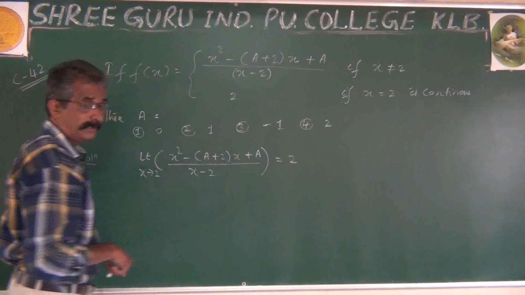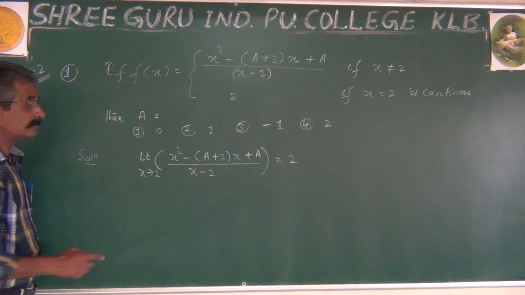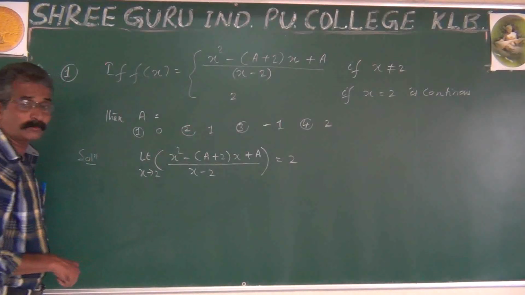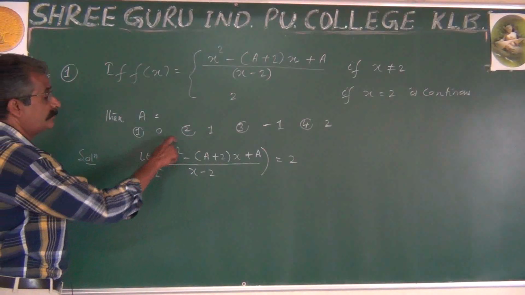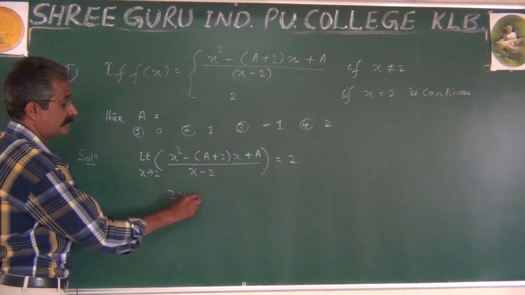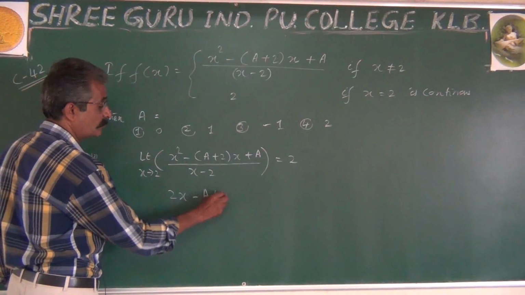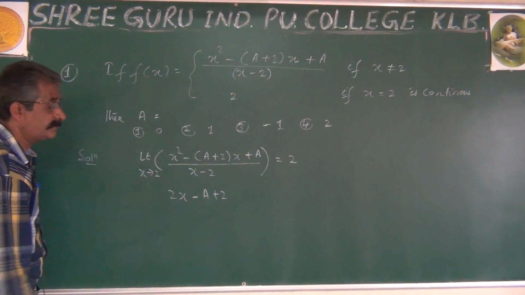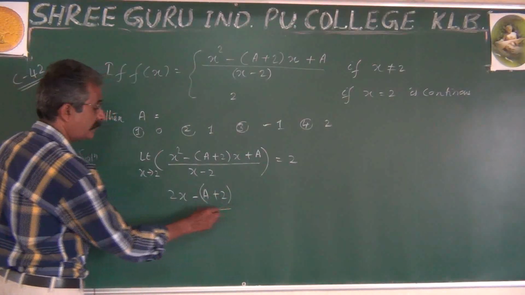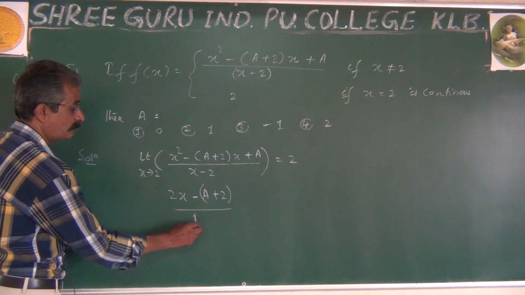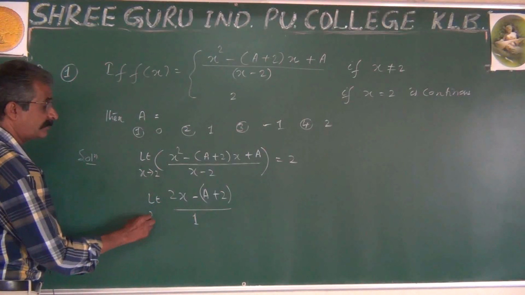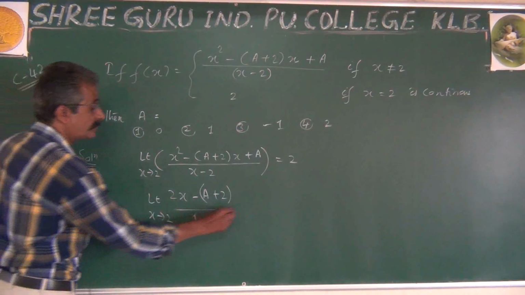On applying L'Hospital rule, differentiate numerator and denominator. Differentiation of x square is 2x, minus differentiation of (a plus 2)x is a plus 2, whereas differentiation of a is 0, divided by differentiation of x minus 2 which is 1, with limit x tending to 2. All this is equal to 2.